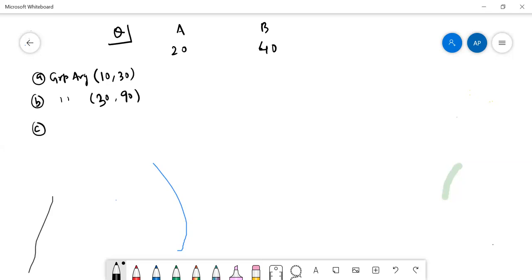C, ग्रुप एवरेज ही फाइंड आउट करना है जब A के पास 30 स्टूडेंट्स हैं और B के पास 12.